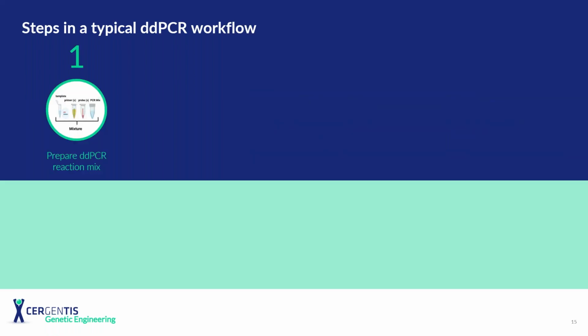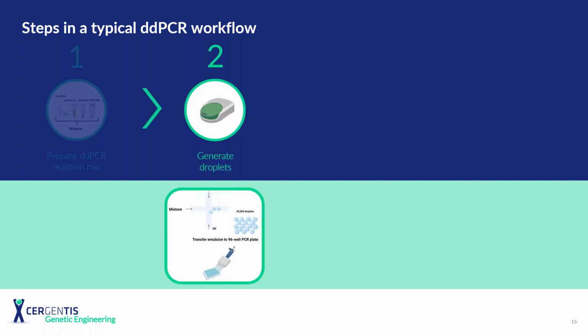And here we have the steps in a typical ddPCR workflow. So basically, first is the preparation of the ddPCR reaction mix, in which your template, primers, probe, and PCR mix are combined together. Next is the droplet generation step.